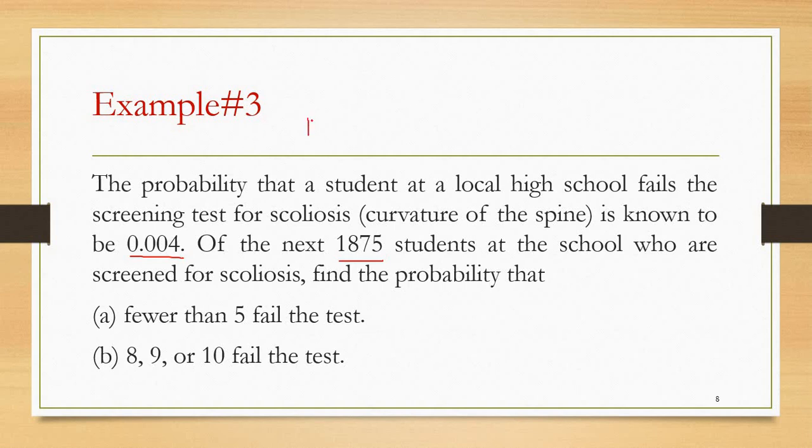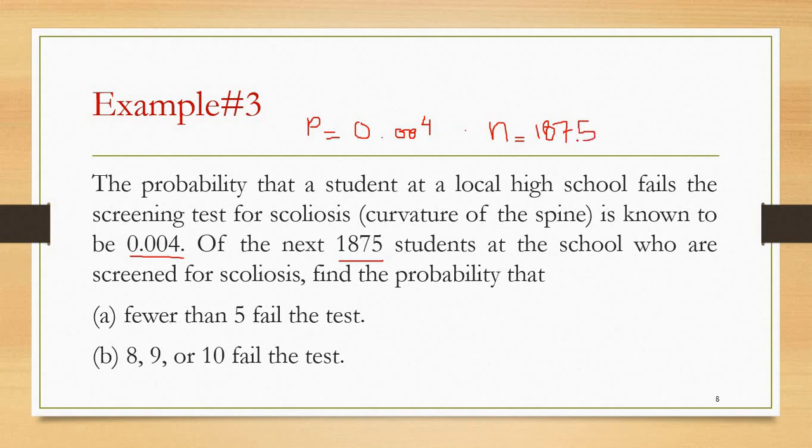So p is equal to 0.004, which is quite small, and n is equal to 1,875, which is very large.